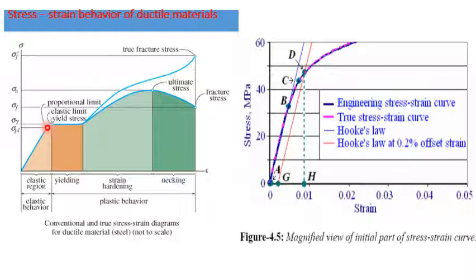To remove that proportionality, we have introduced a capital E, that is Young's modulus, which is nothing but the measure of stiffness. As the slope increases, the stiffness of the material increases.